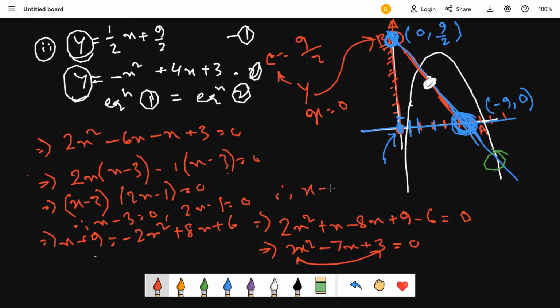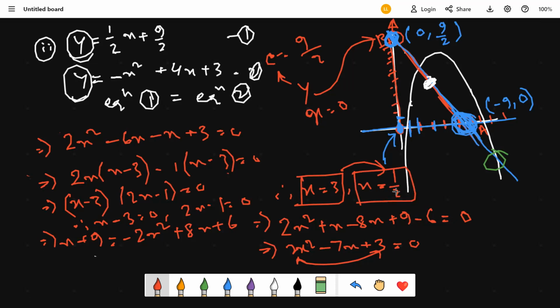Therefore, x equals 3 and x equals 1 by 2. Now, which one of them is the correct answer? One of the coordinates should be known to us, because in question number 1 they have already mentioned x equals 3. So the other value is our final answer. So x equals 1 by 2 is our answer for the x coordinate.